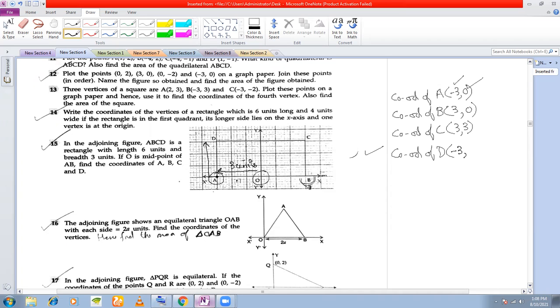Which direction am I moving? In the positive direction. How many units? The breadth was given to be 3 units, right? So 3 units I'm moving in the positive direction. So that means I'll have +3. So -3, +3 are the coordinates. Okay with you?